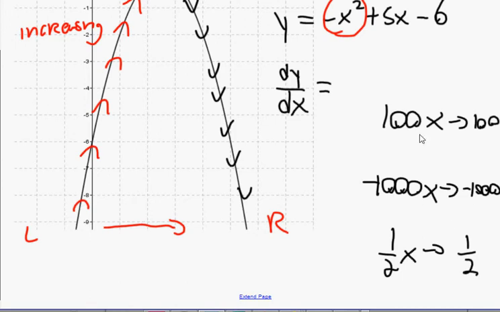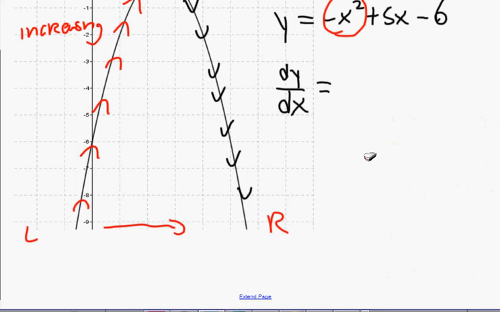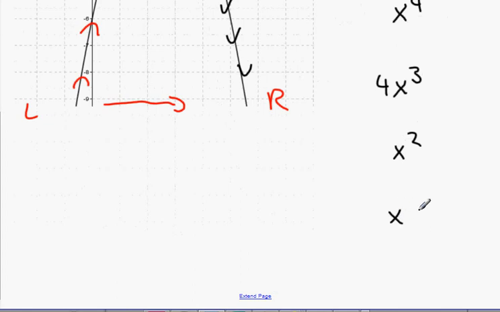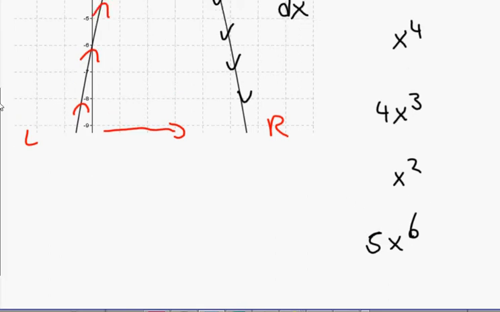Once you're done with that, what happens third is when you have a power. So for example, x to the power 3, x to the power 4, 4x to the power 3, x squared, and finally, let's say, 5x to the power 6, okay? Now look at this, guys.